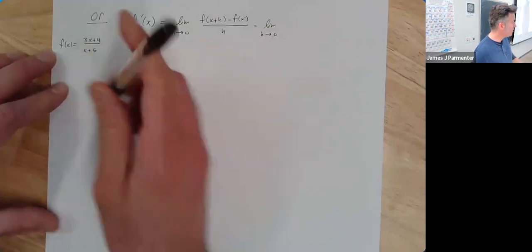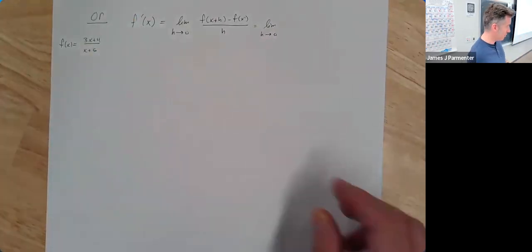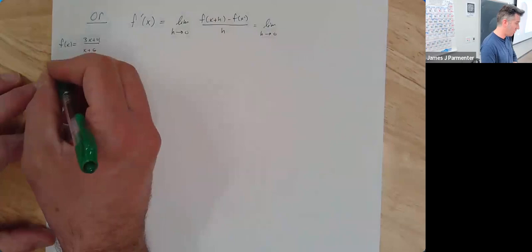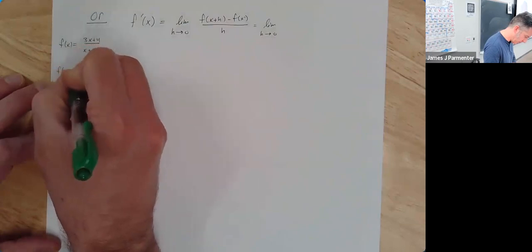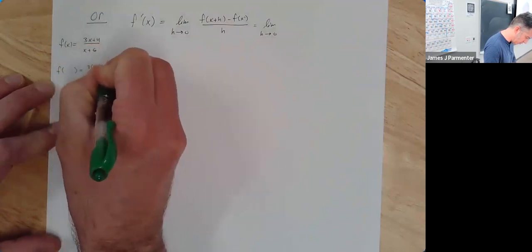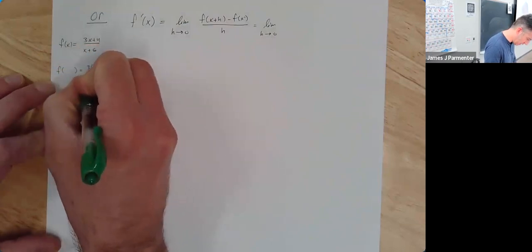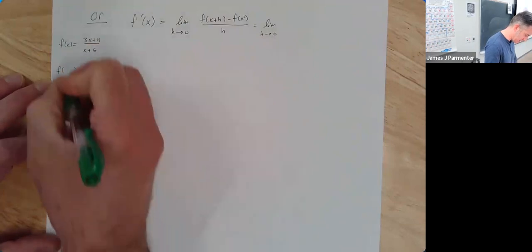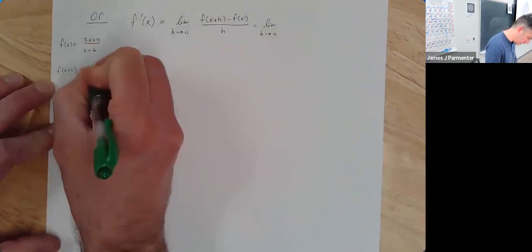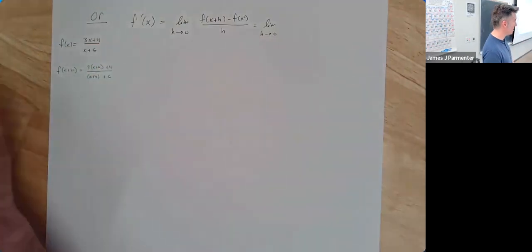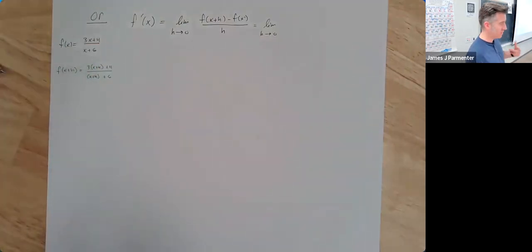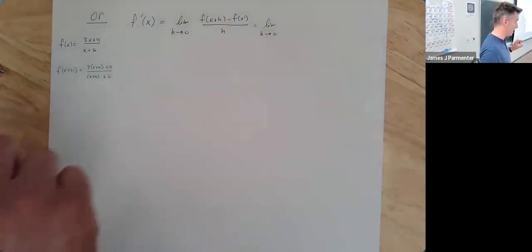What is helpful to do is just off to the side, write out what f of x plus h is going to be. So f of x is 3x plus 4 over x plus 6. f of something else is 3 times something else plus 4 over something else plus 6, and that something else is x plus h. Over the years, I definitely noticed people often make a mistake when they write what f of x plus h is.